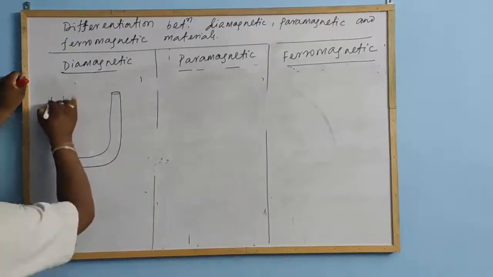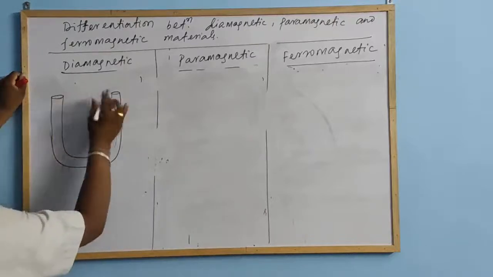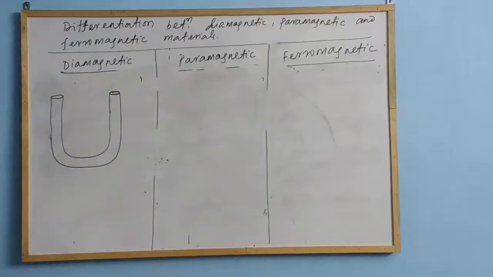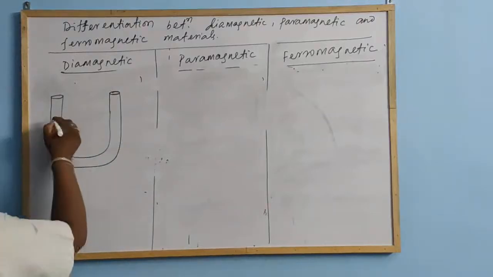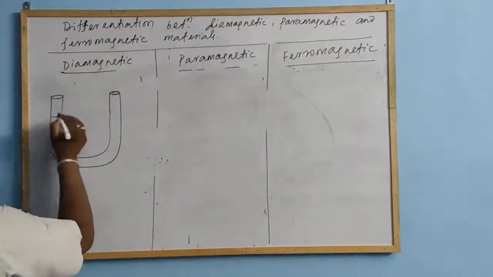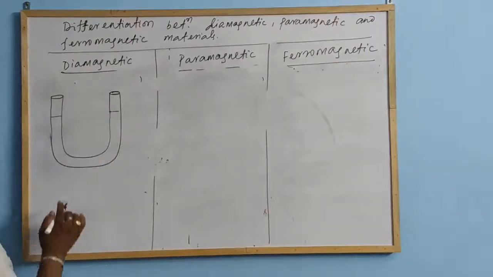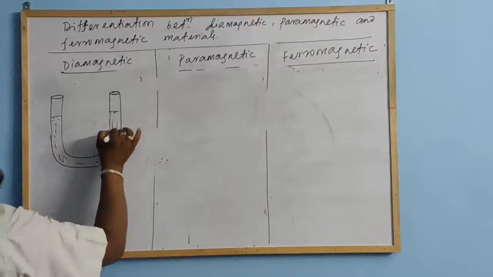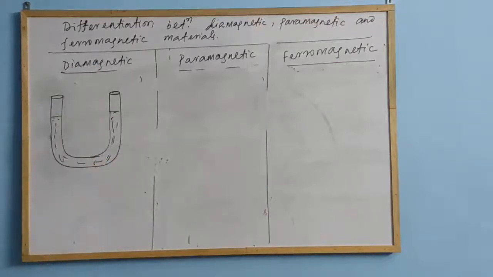The diameter is uniform always. When in liquid form, what you will find? At the two limbs, the liquid is in the same level. Naturally, they are in the same level.